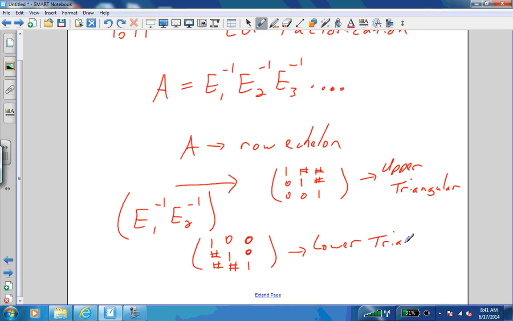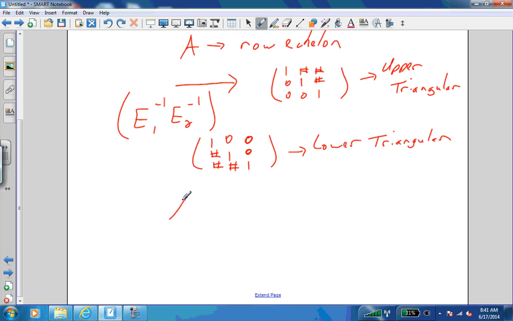So what we're going to do to begin with in this section is to rewrite a matrix as a product of a lower triangular matrix and an upper triangular matrix. So let's look at an example of that.